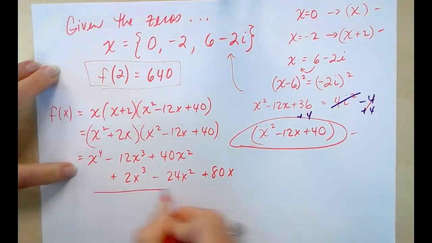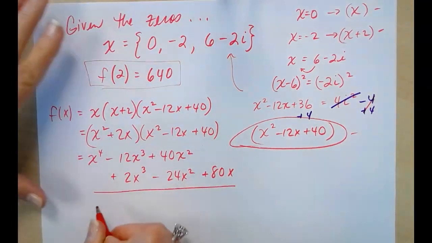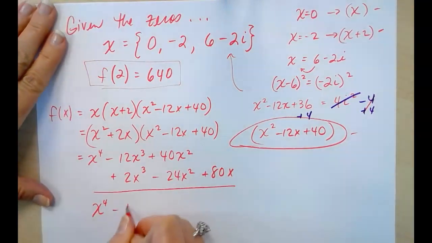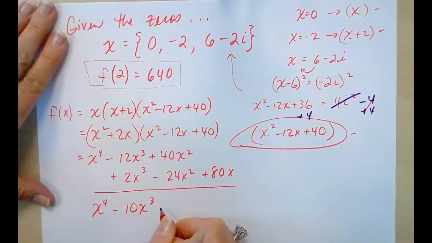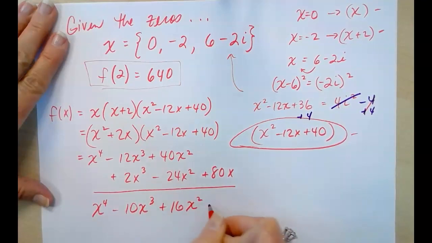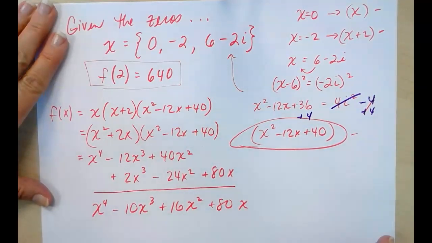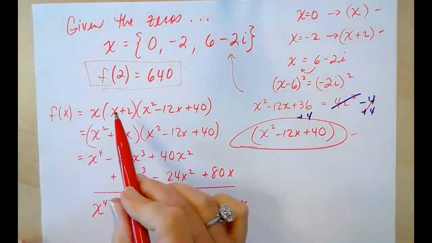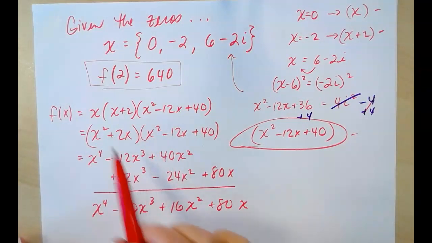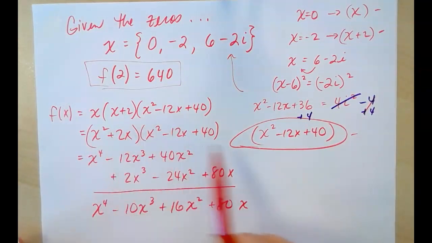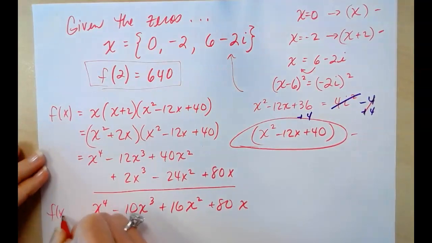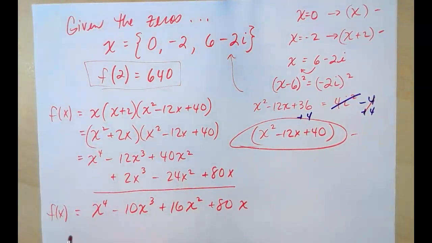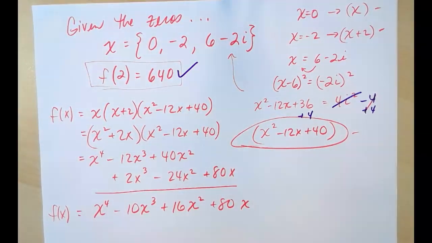Okay. So we end up with x to the 4th minus 10x cubed plus 16x squared plus 80x. All right, so hopefully I did all that right. Checking one more time. Okay, so this is our function.